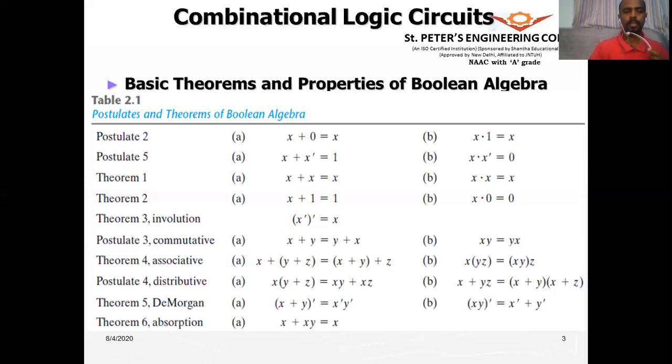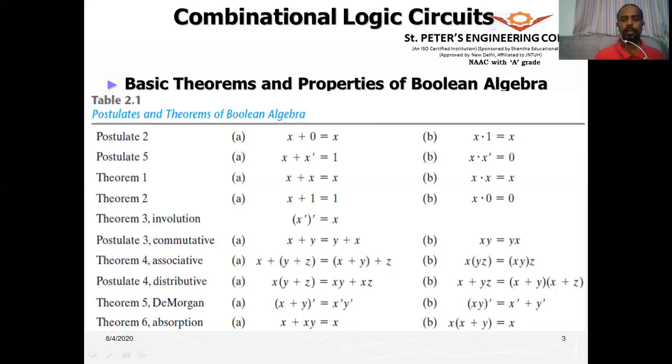The last theorem is the absorption theorem, where x OR xy will be equal to x. That means y is absorbed here. That is why it is called the absorption theorem. It should be of this form: x OR x AND y. Then x will be the result and y will be absorbed.